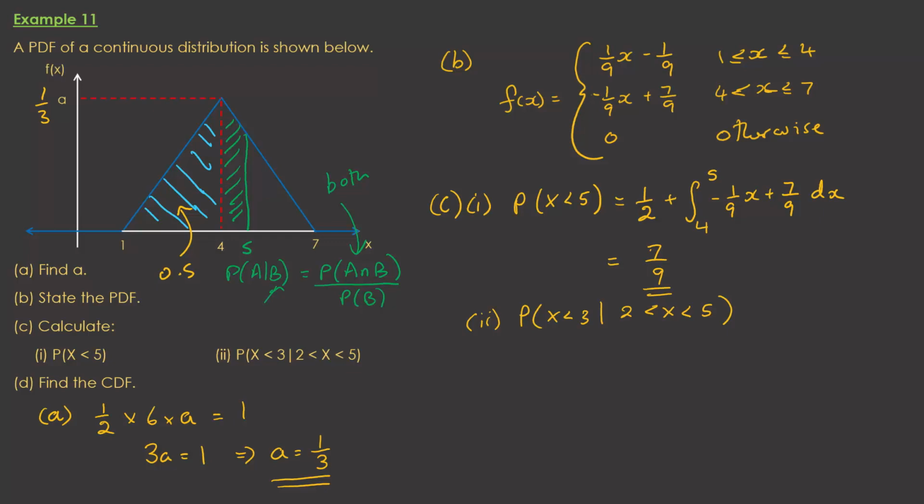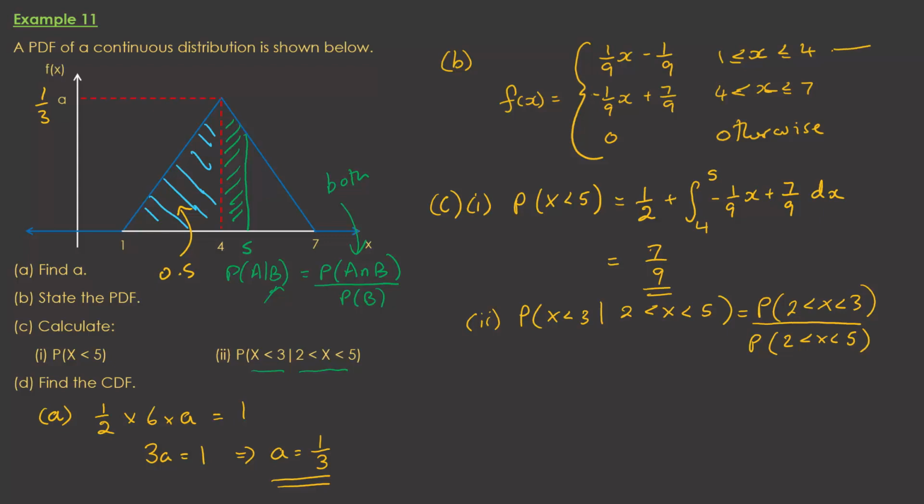So if we have to be between 2 and 5 and less than 3, that means it's between 2 and 3. So that's going to be the probability of x being between 2 and 3 divided by the probability that x is between 2 and 5.